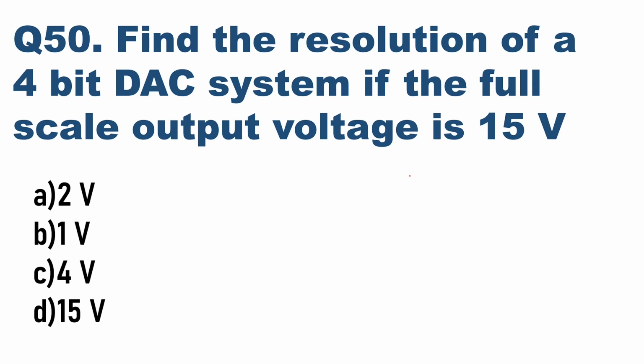The resolution of a DAC is the smallest change in the analog voltage it can detect, which is also known as the step size of the DAC. For an n-bit DAC, the general formula is resolution equal to range upon 2 raised to n, minus 1, where n is the number of bits.